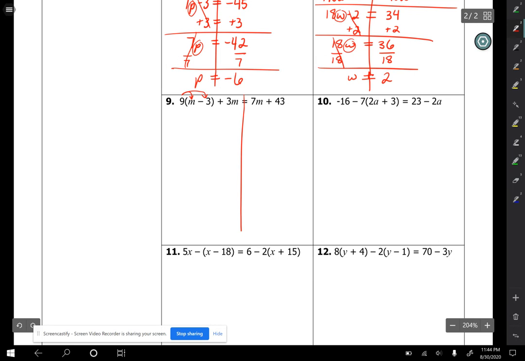For number 9, we need to distribute the 9. Then combine like terms. Now I can finally combine my variables. Subtract 7m.